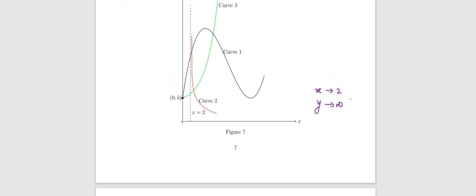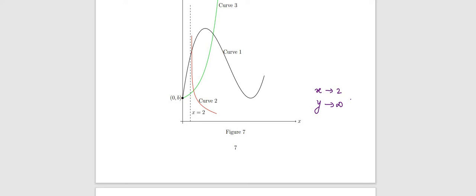Just see this graph very carefully. At x is equal to 2, the graph is not touching the y-axis. So if the graph approaches the asymptote, the distance between the curve and the asymptote will be almost 0, and the value of y is going to be infinity. This is the major hint which is given in the question.